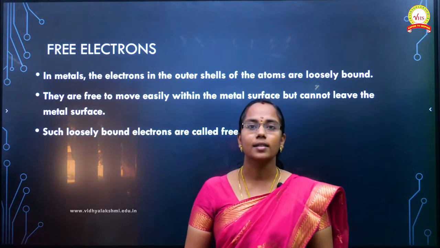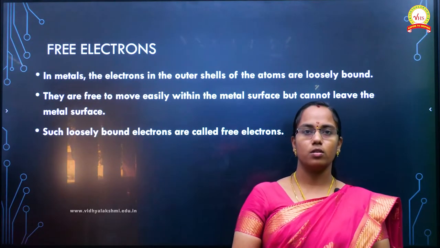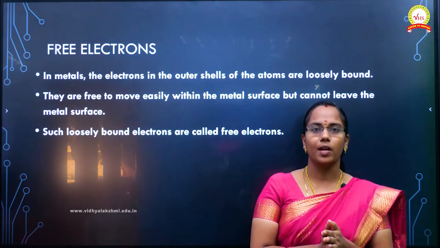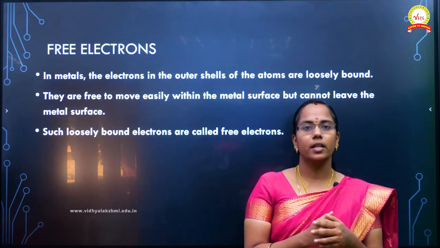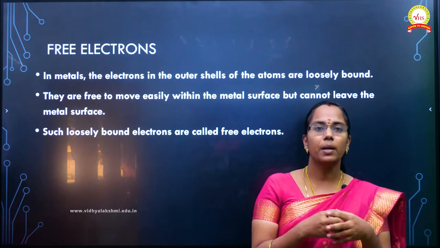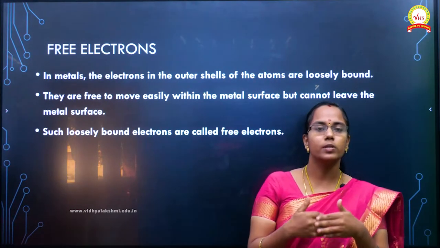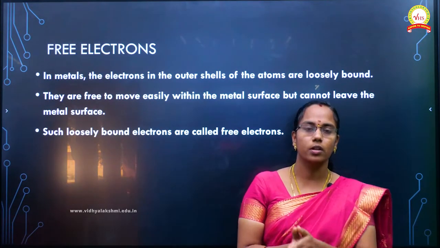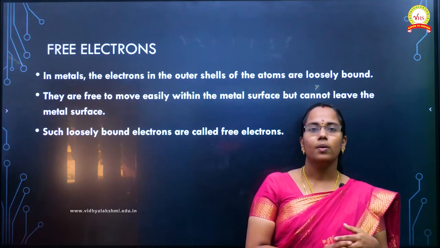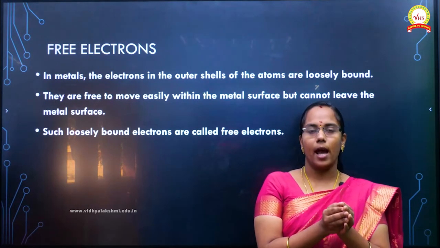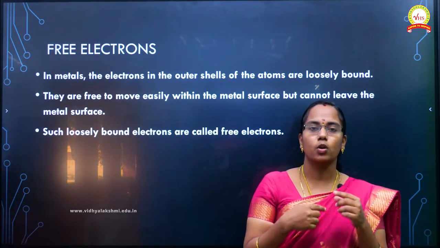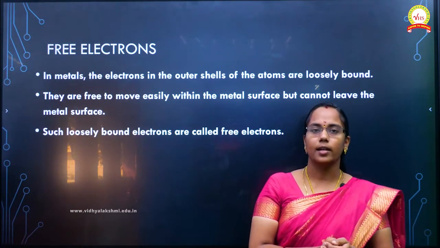Firstly, we have to understand what free electrons are. When you consider a metal surface, all materials or metals are made up of molecules, atoms, and subatomic particles: electrons, protons and neutrons. In a particular atom, the nucleus is in the middle, and around it electrons revolve.